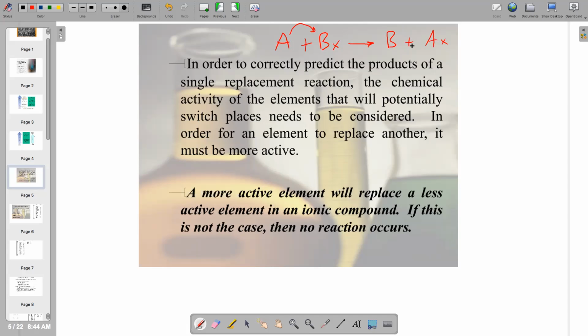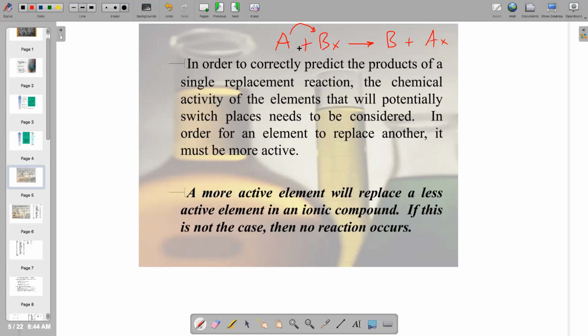Whether or not that takes place depends on whether chemical A or chemical B is higher up on the activity series. So if chemical A is higher on the activity series than chemical B, then the reaction proceeds. It actually happens. If instead chemical A is below chemical B, then no reaction takes place.